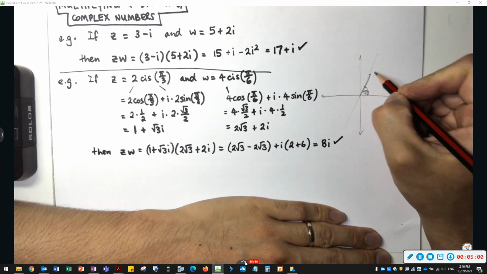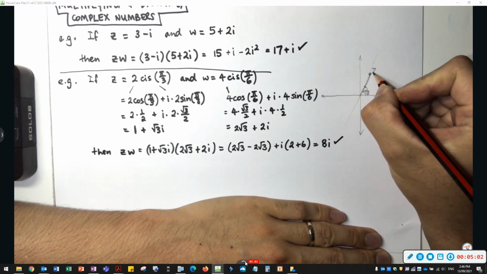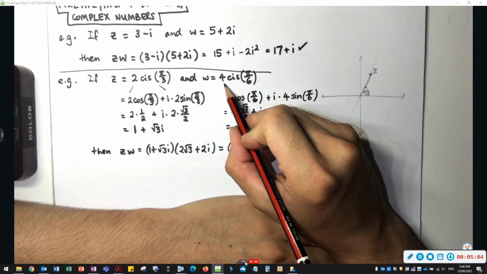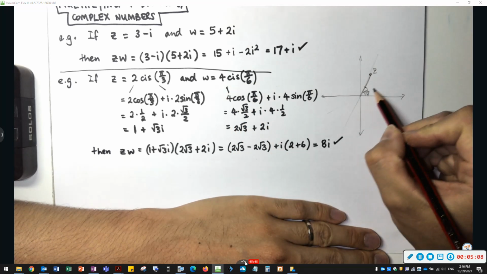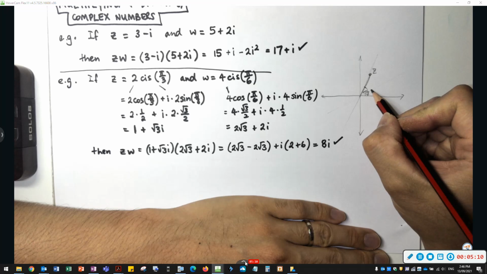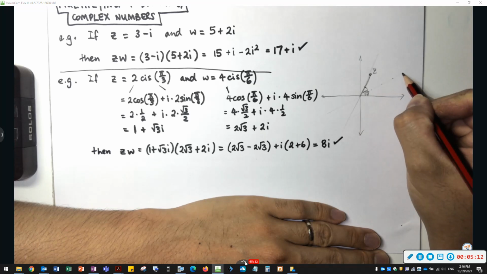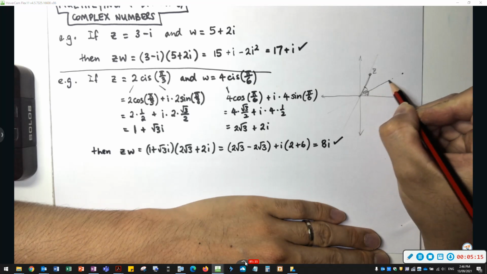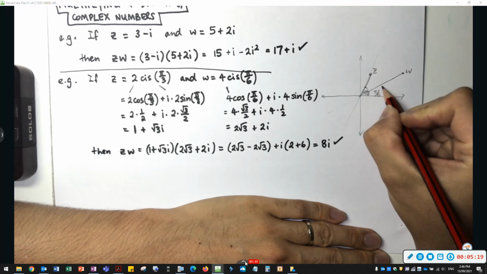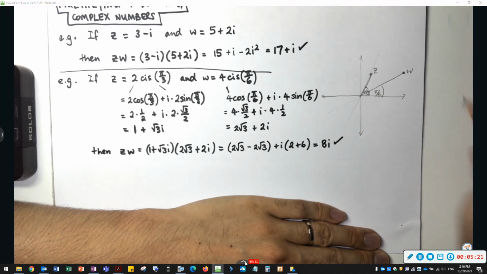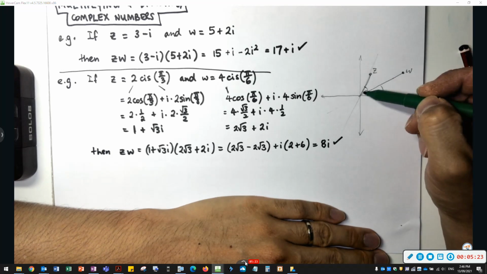Then I need another complex number. I'll just call that z. The other complex number, 4 cis pi on 6. So pi on 6 is about here. I want 1, 2, 3, 4. So this one is w. This is pi on 6.